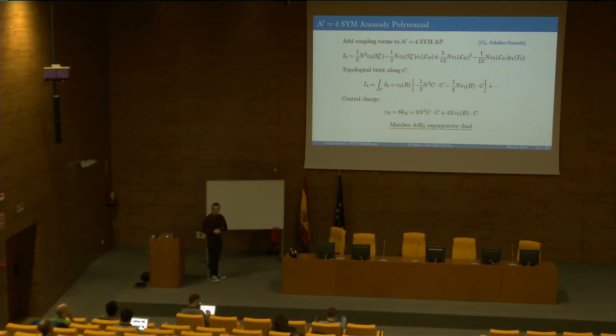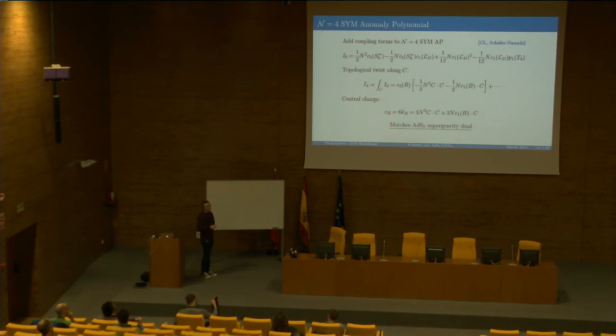We can do a topological twist of this along the curve and compactify to get the two-dimensional theory. So we determine the anomaly polynomial of the 2D theory just by integrating this anomaly polynomial, which looks like this. Notice that this is the same as the anomaly polynomial that I told you some time ago. And we can compute the central charge.